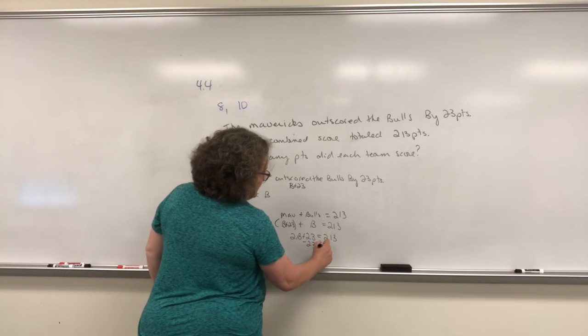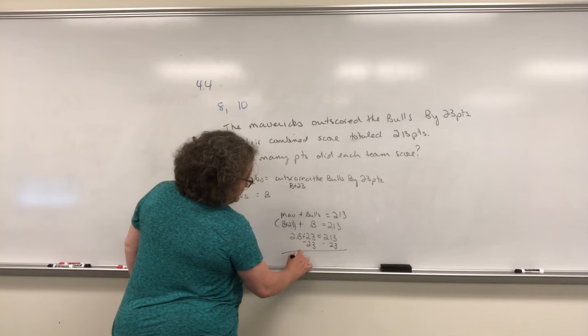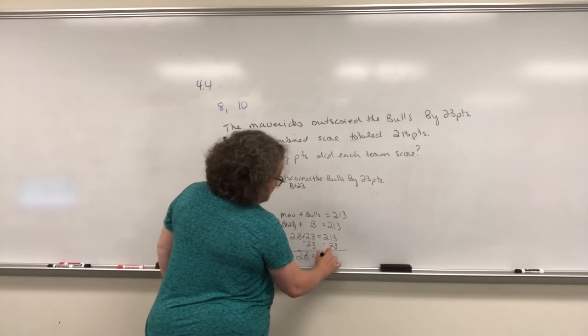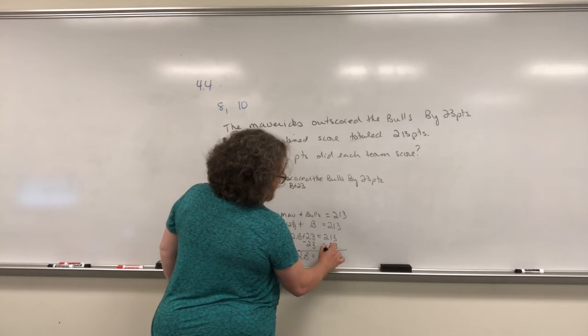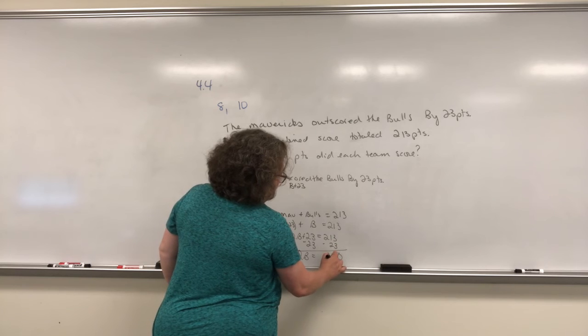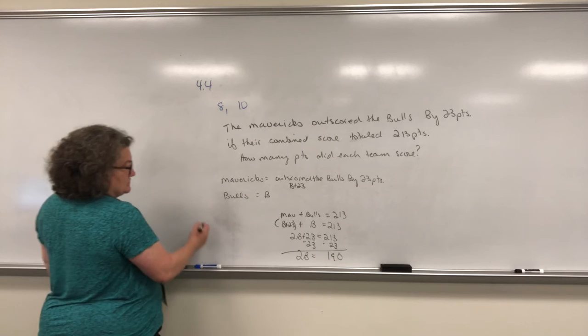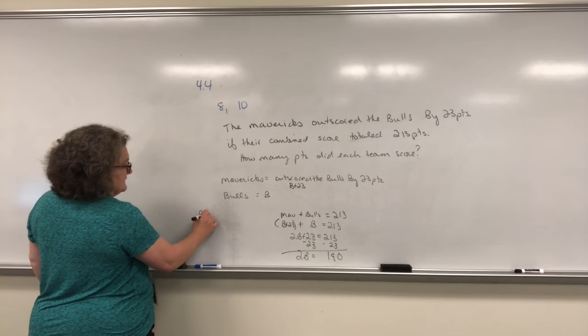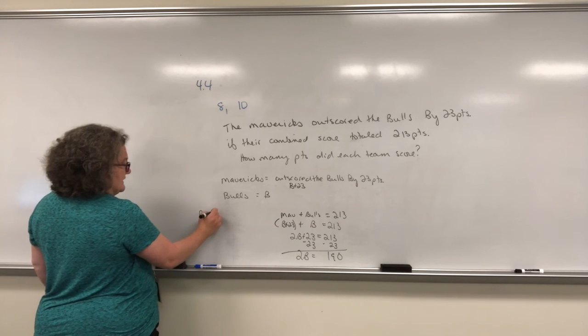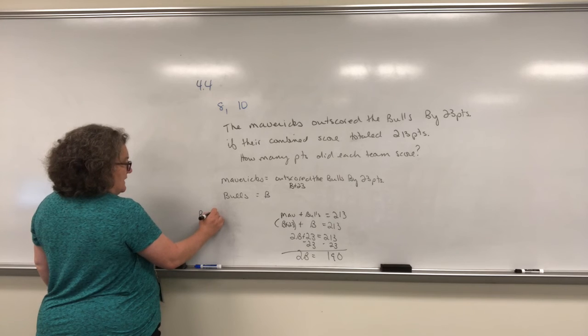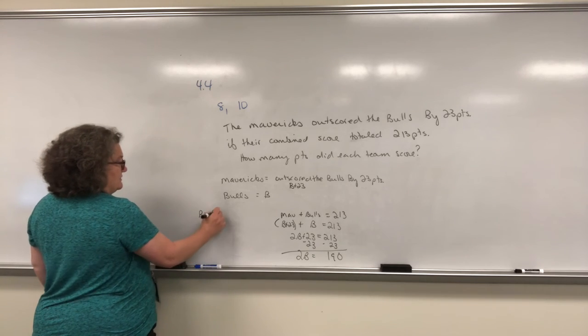I subtract 23. 2B equals 3 from 3 is 0, 2 from 11 is 9, and that's 190. Then I divide both sides by 2, and B is equal to 95.